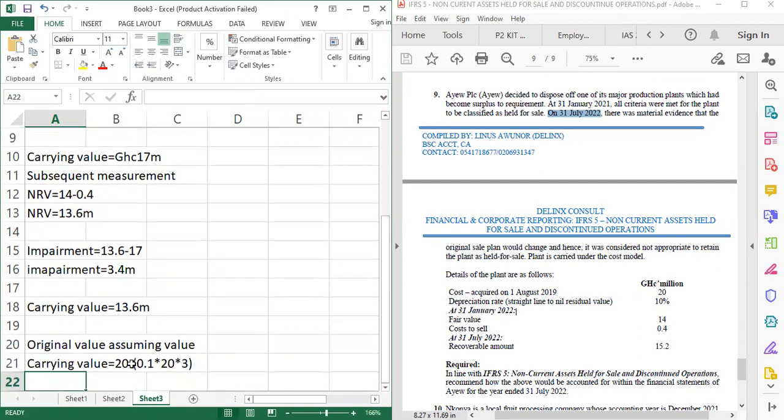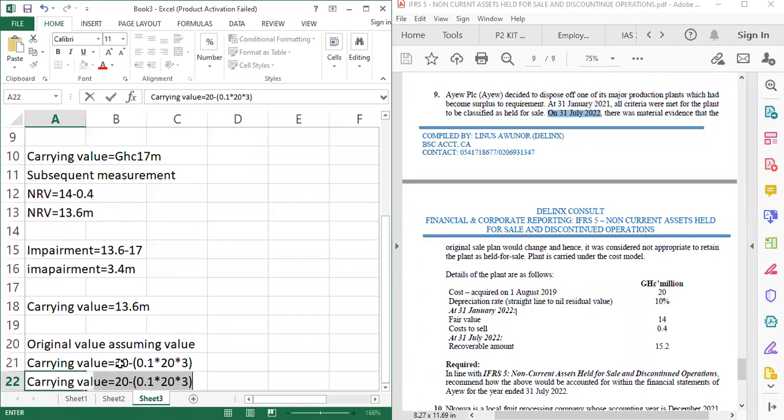And that will give us how much? That will give us 20 minus 6, which is 14.